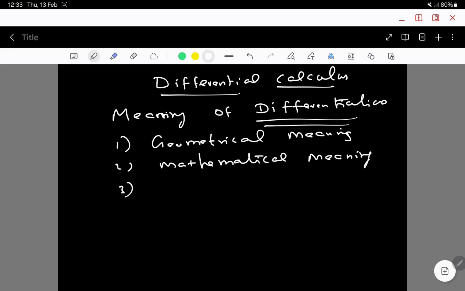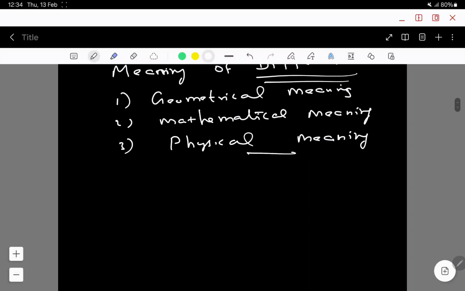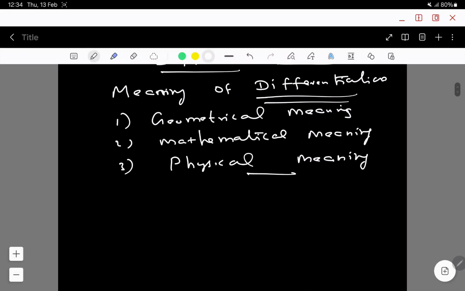The third one is the physical meaning. First of all, we see the geometrical meaning.